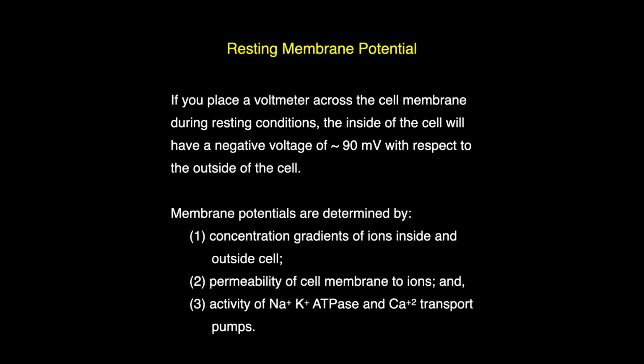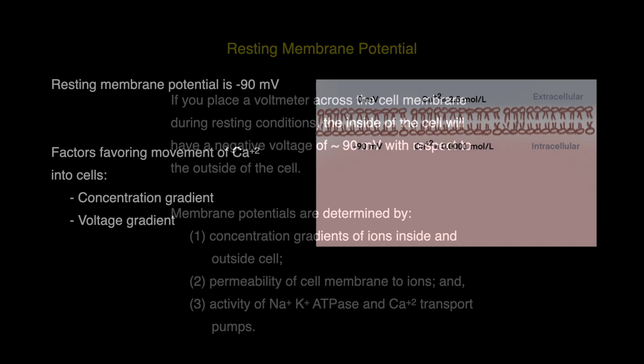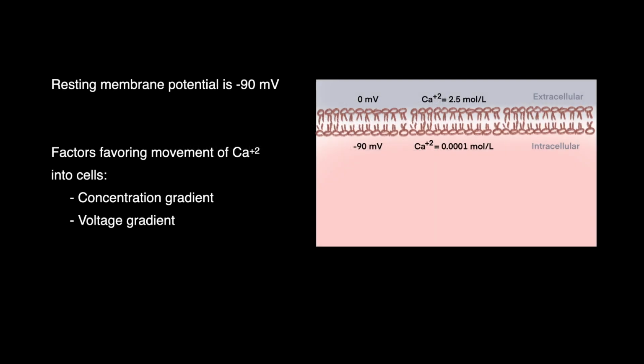When considering membrane potentials, it's important to understand that the membrane potential is determined by ion concentration gradients, the permeability of the cell membrane to ions, and by the activity of sodium-potassium ATPase and calcium transport ion pumps.